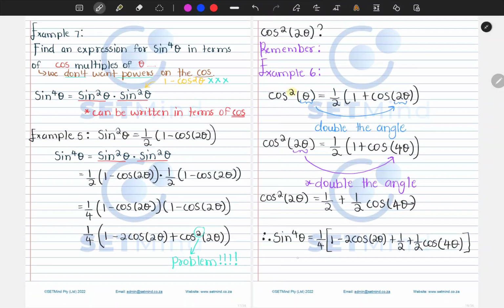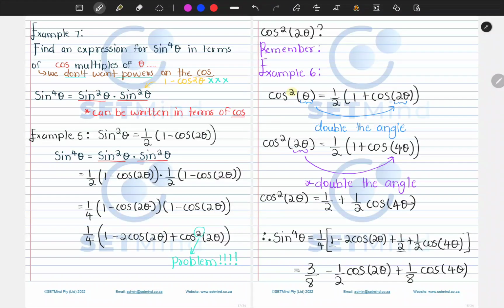So essentially our final answer just becomes, if you look carefully, that plus that will give us 3 over 2, and then multiplied by the 1 over 4, that will give us 3 over 8, I believe. And then the others will just remain as they are, minus 1 over 2 cos of 2 theta, and then plus 1 over 8 cos of 4 theta.